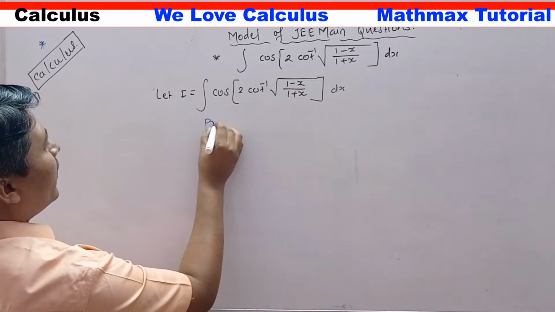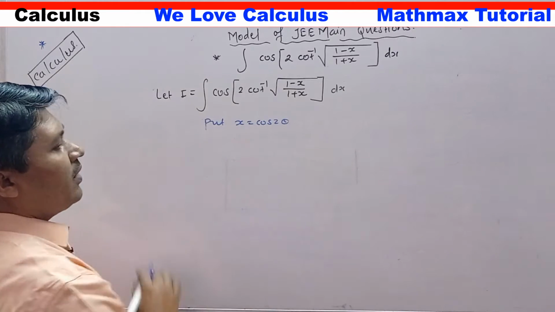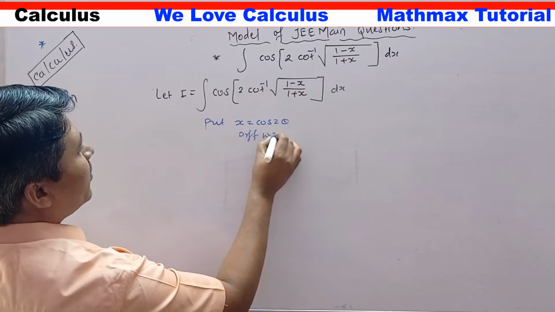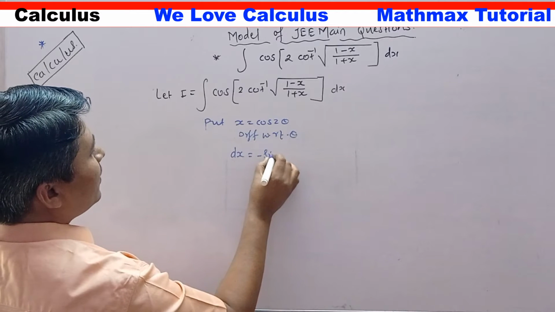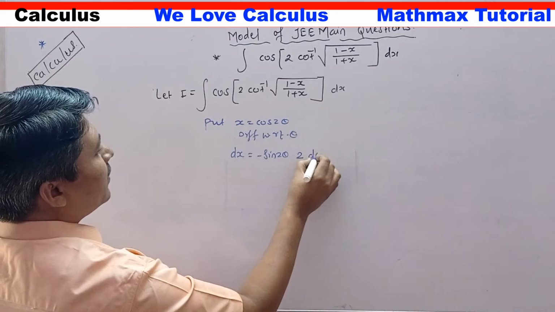Put x equal to cos 2 theta, then differentiating with respect to theta, we get dx equal to minus sin 2 theta, and the derivative of 2 theta is 2, so minus 2 sin 2 theta d theta.